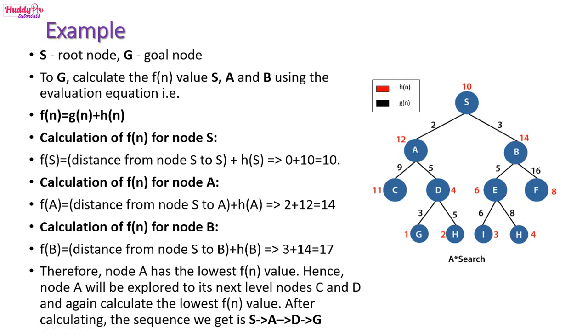A combination of the two gives us the fitness number, which we shall compare, and we shall choose the one with the lowest value. So the final path of traversing this tree will be S, A, D, and then G.